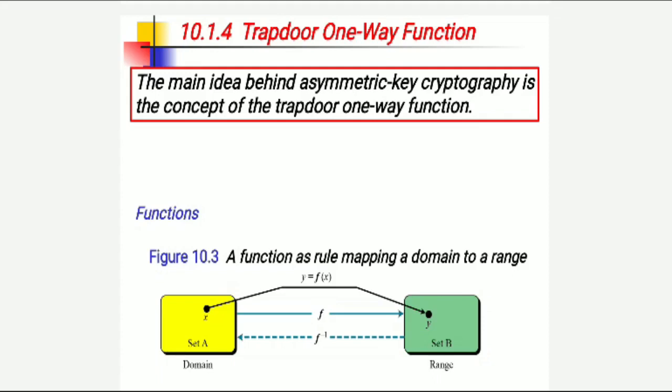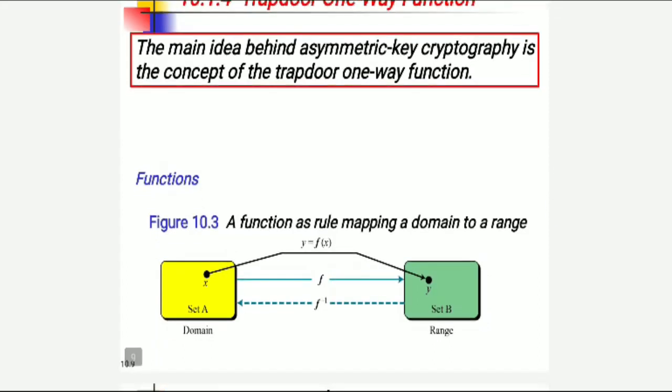And what is the inverse of a function? Let us suppose here on this sheet we are presenting a function y equals f(x). If we know the value of x, then we compute y. It is known as the direct function.